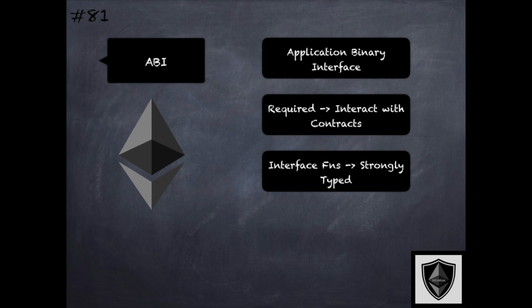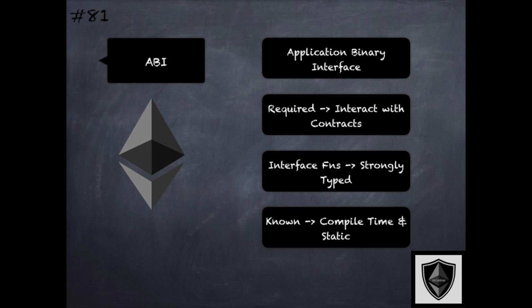So these interface functions that are specified as part of the ABI are strongly typed, and they're known at compilation time, and they're static. And what this means is that the types of the function parameters are well known at compile time, and they cannot change, because if they did, then what is specified as part of the contract call during execution will not really reflect what the destination contract requires in terms of the function encoding or in terms of the arguments that are supplied, right?